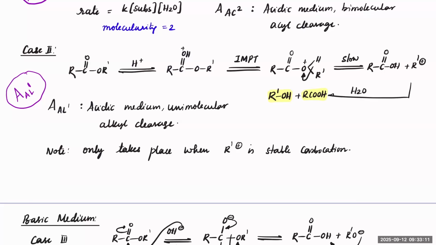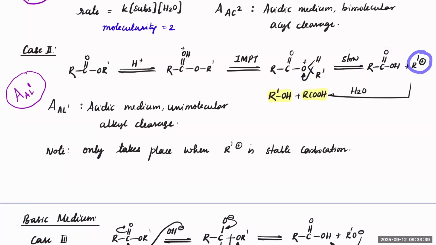Earlier it was acyl cleavage, now it will be alkyl cleavage. First protonation will take place, and then you get OH here, and immediately the bond will break on this side. As it breaks here, we will get this into an acid form, and R dash plus will form.